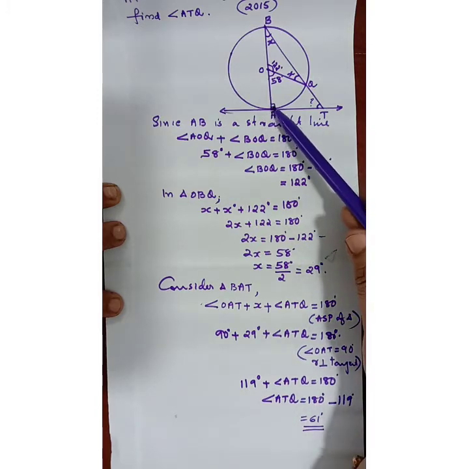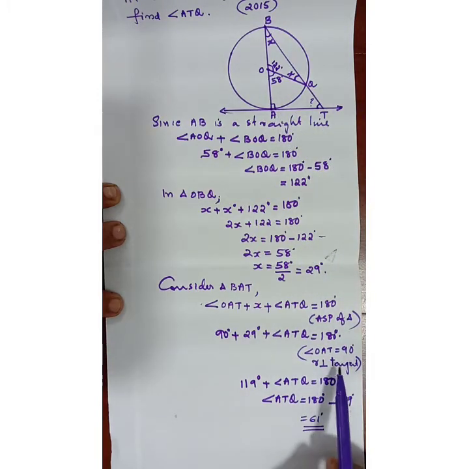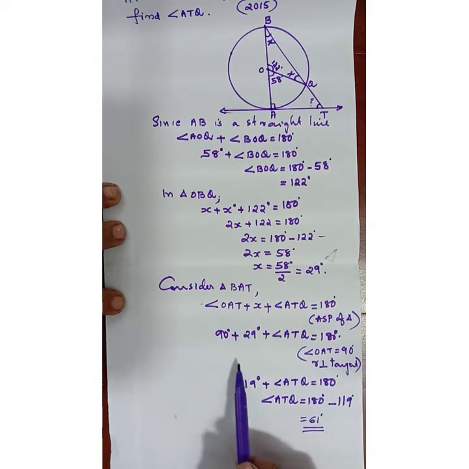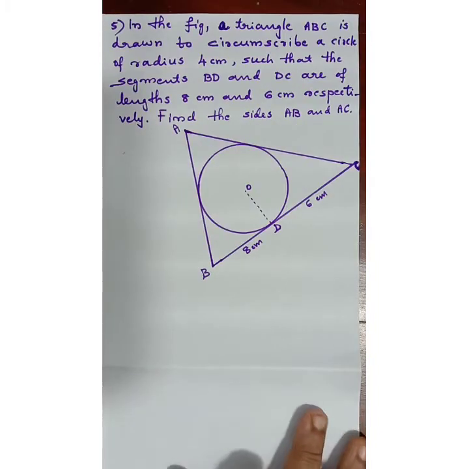OAT is this angle. It's equal to 90 degree because radius is perpendicular to tangent. Therefore, take the sum of these two. We are getting 119 degree plus angle ATQ equal to 180 degree. Therefore, angle ATQ equal to 180 minus 119, that is equal to 61 degree. Hope you understood.